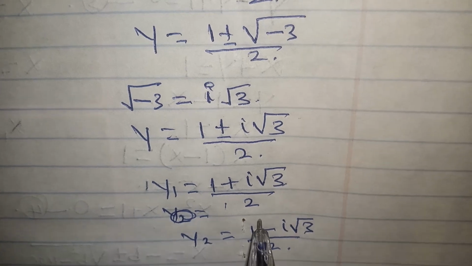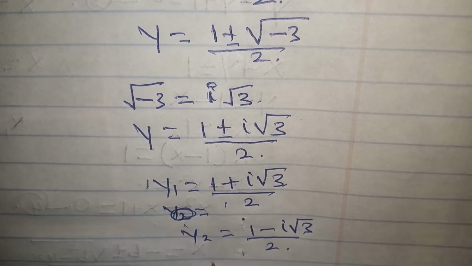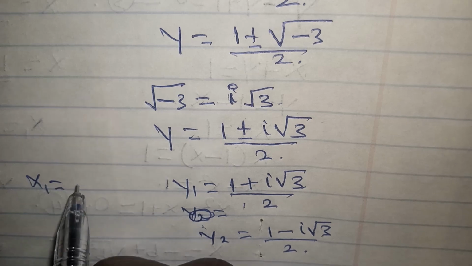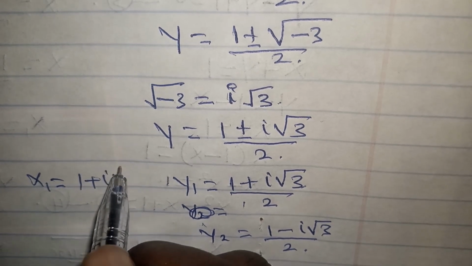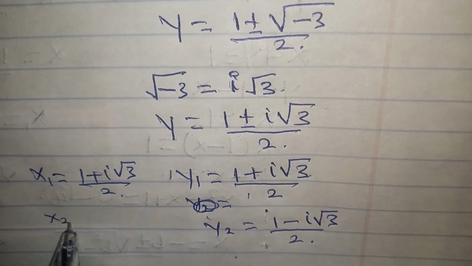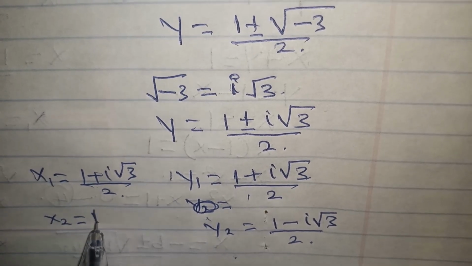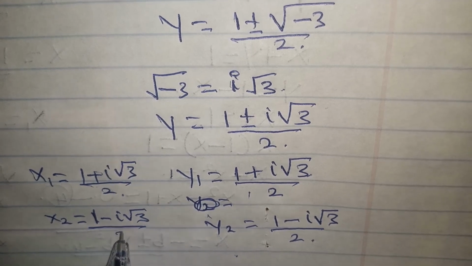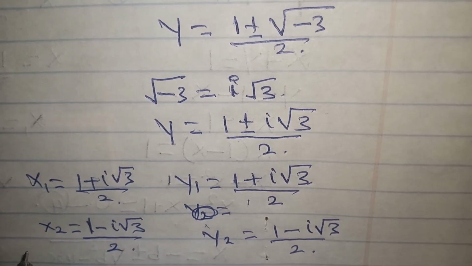So these are my values for my y1 and y2. And recall we said our x1 is also equal to (1 plus i root 3) over 2, and x2 is equal to (1 minus i root 3) over 2.